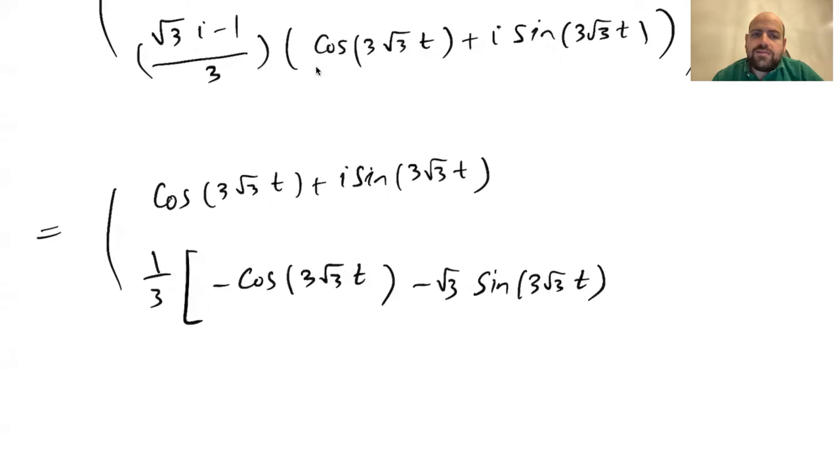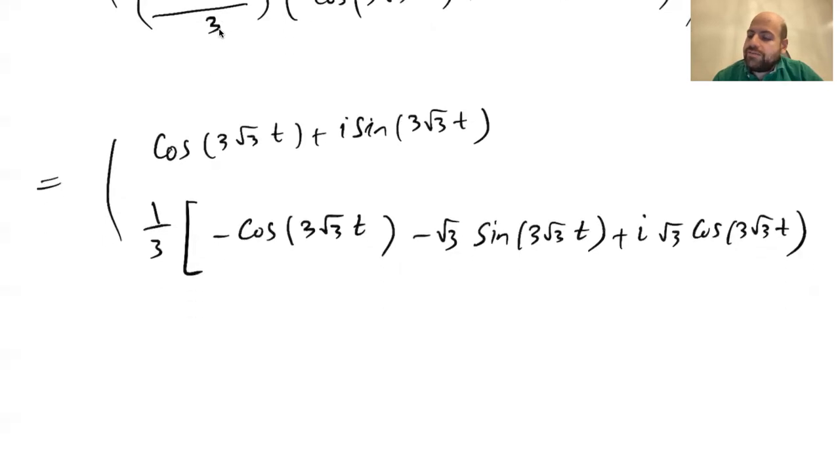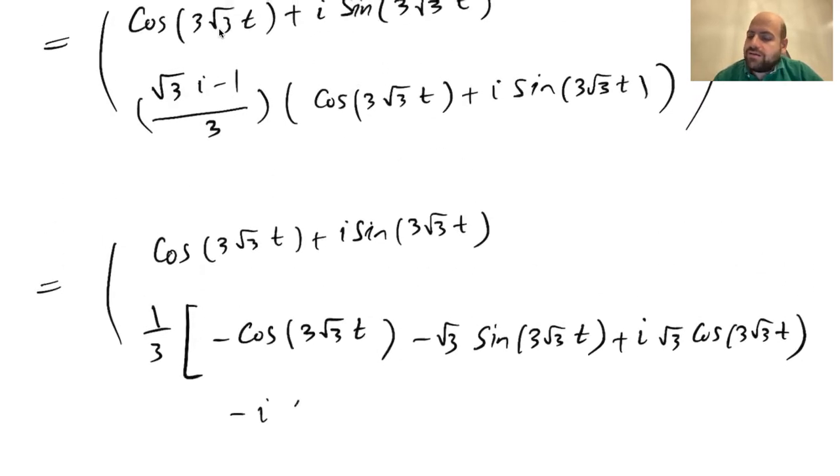And then this term times this term is complex valued, so plus i times root 3 cos 3 root 3 t. This term minus 1 times this term is also complex valued, so minus i sine 3 root 3 t.